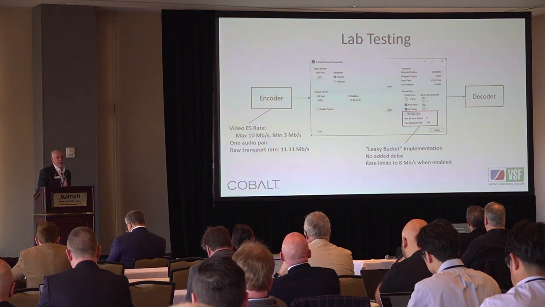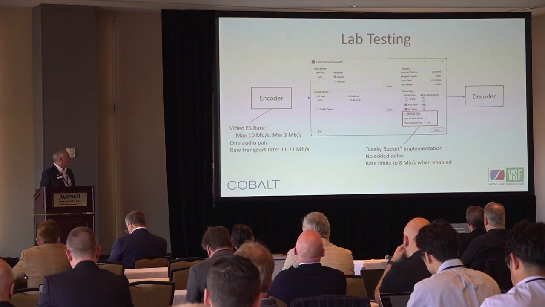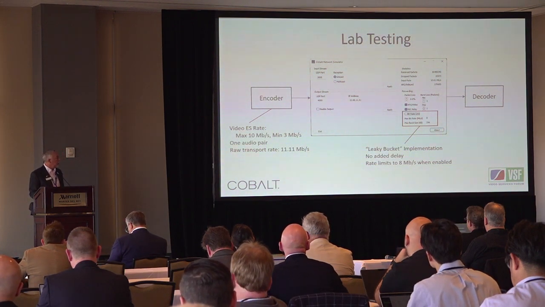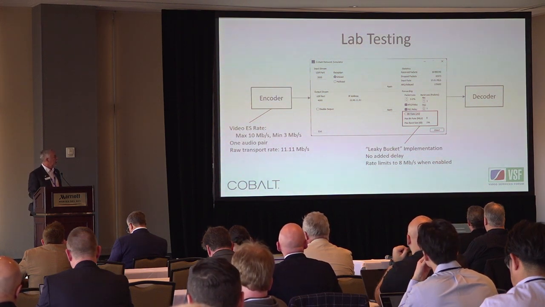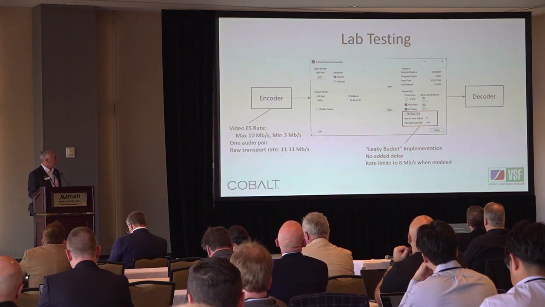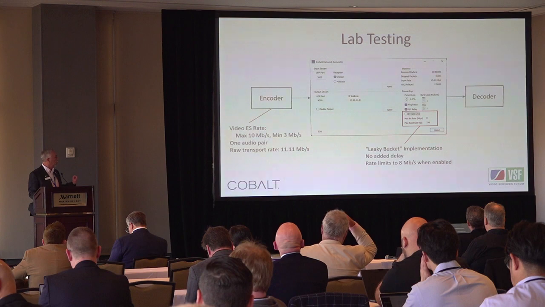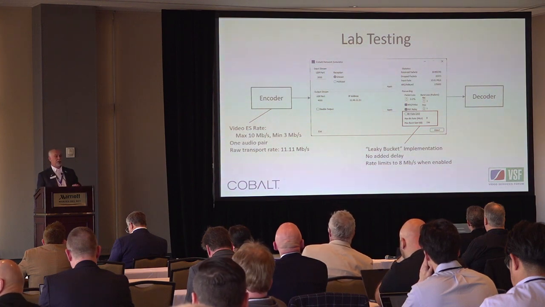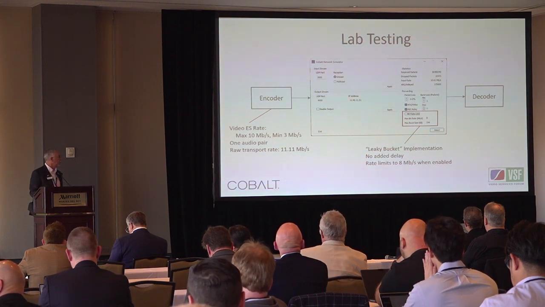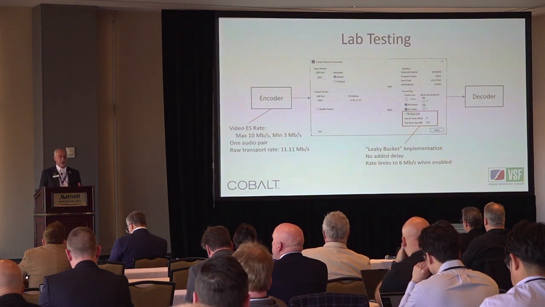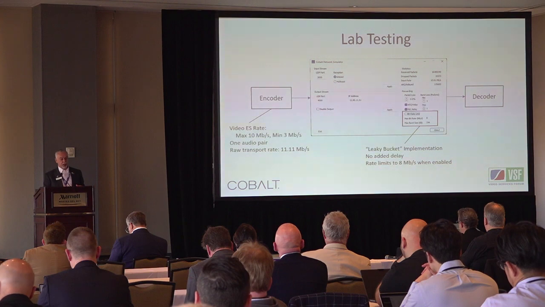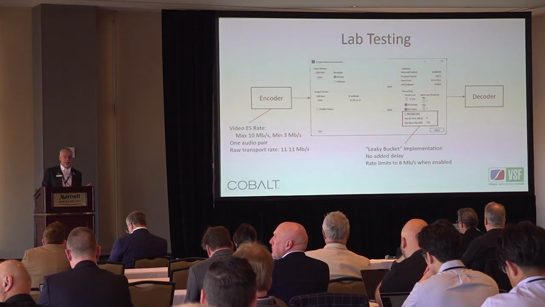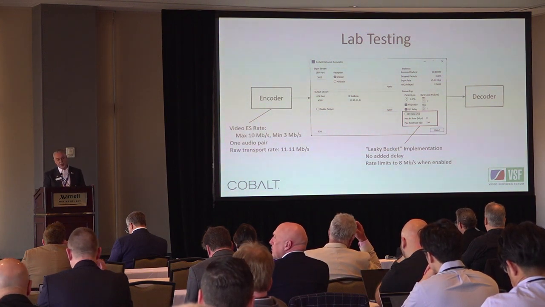All right, first thing is lab testing. We have a custom Windows network simulator which can do a bitrate limit. You check a box and it immediately puts a bitrate limit using a leaky bucket. In this test, the video was sent with a maximum of 10, minimum of 3, giving me 11 megabits transport rate, and I set the limit to 8 megabits per second.